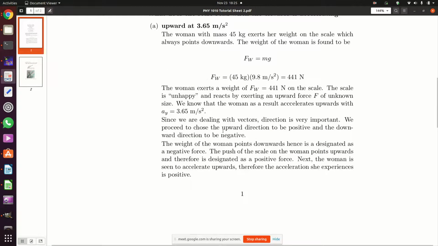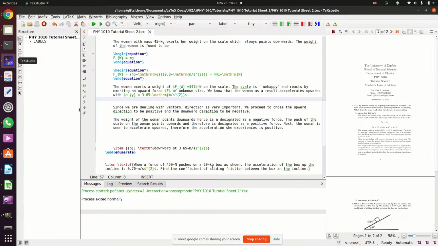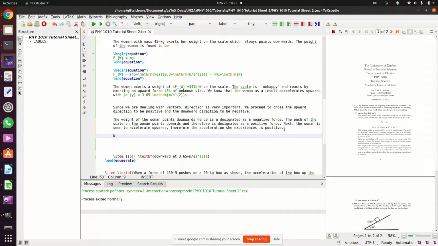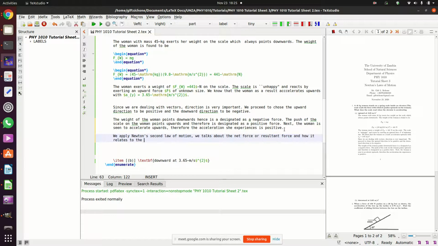Then we choose directions, positive and negative, and as a result of that, the next thing is we apply Newton's second law of motion, which talks about the net force or resultant force and how it relates to the acceleration of the body.